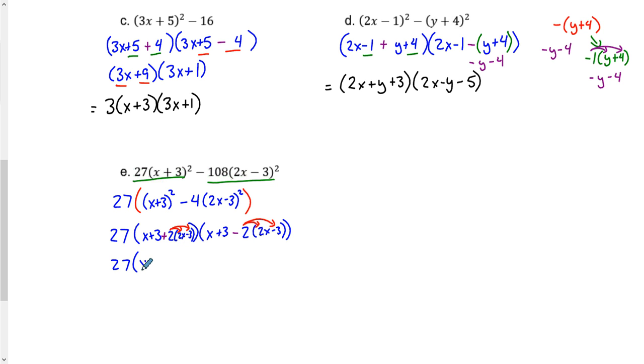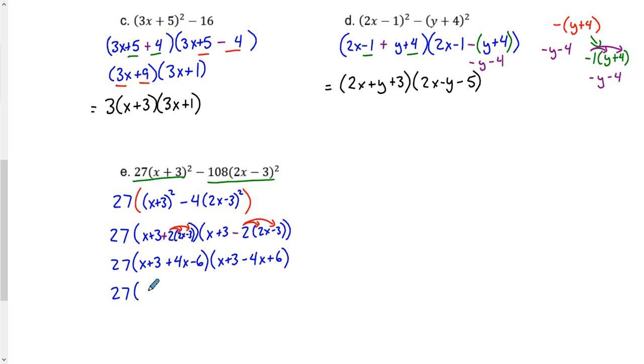So 2(7x plus 3) plus 4x minus 6. Second set, x plus 3 subtracting 4x plus 6 and combine their like terms.